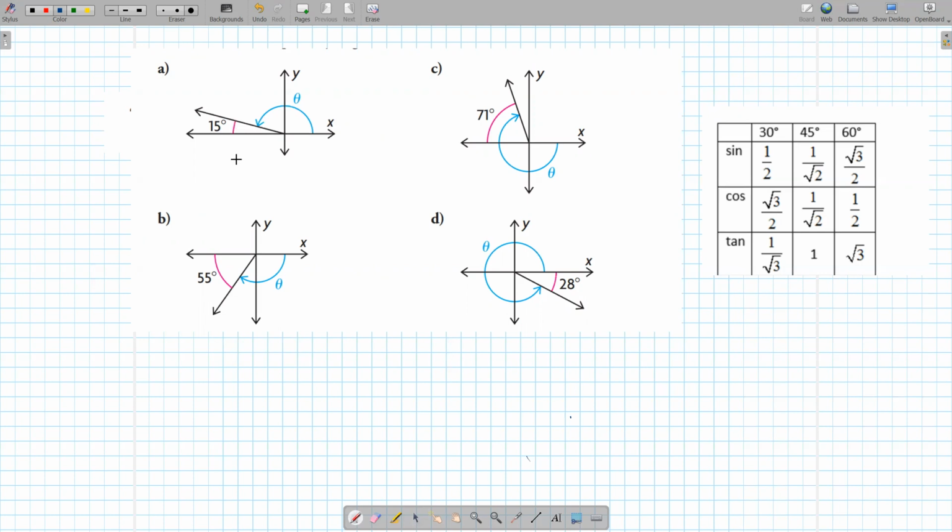What is going to be our primary angle? 165, okay? Now for B, you gotta be careful. We're coming the other way around. What do you think the answer is for B?